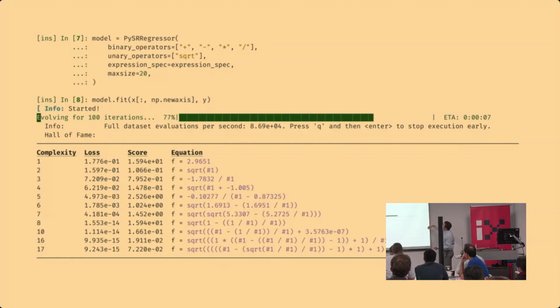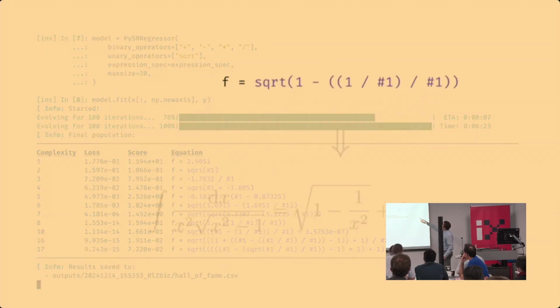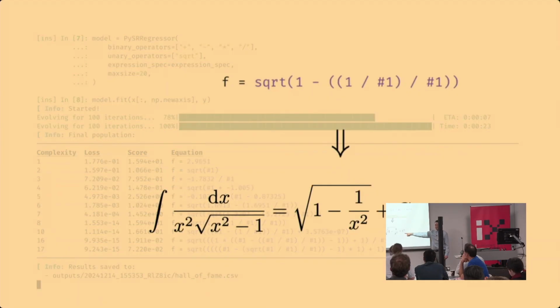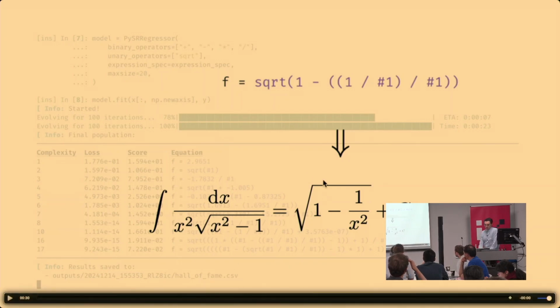Okay. There we go. So this is the integral, right? We evolved the integral because our forward model is the derivative of f, right? And so we're comparing the derivative of this guy to the integrand. And so this gives us a way of evolving integrals.